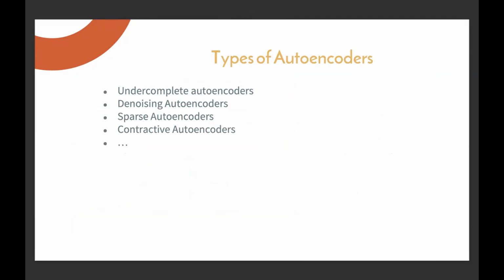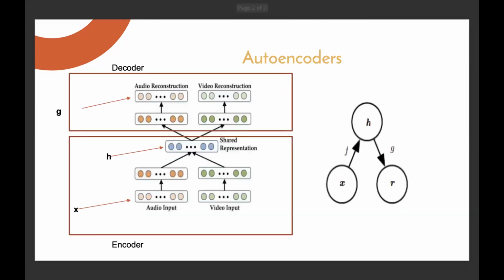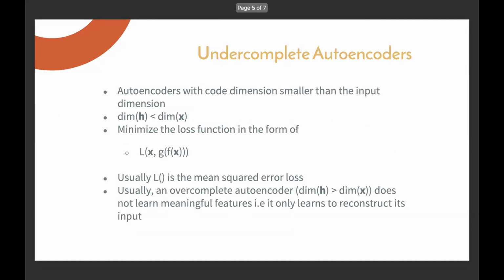There are several types of autoencoders, and the first one is the undercomplete autoencoder. In this type of autoencoder, we often have a smaller code dimension in the shared space than the input dimension. So the dimension of h here will be smaller than the dimension of X. We will minimize a loss function, where L represents the loss.